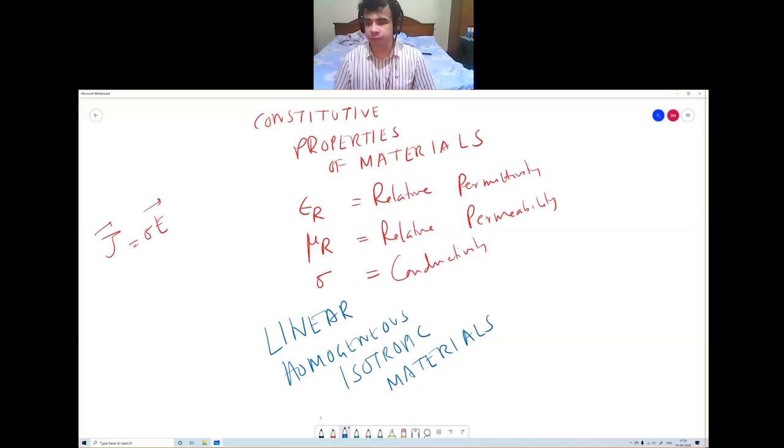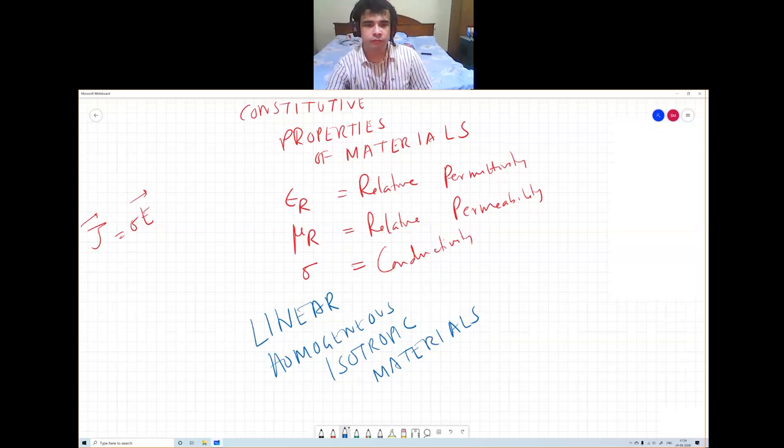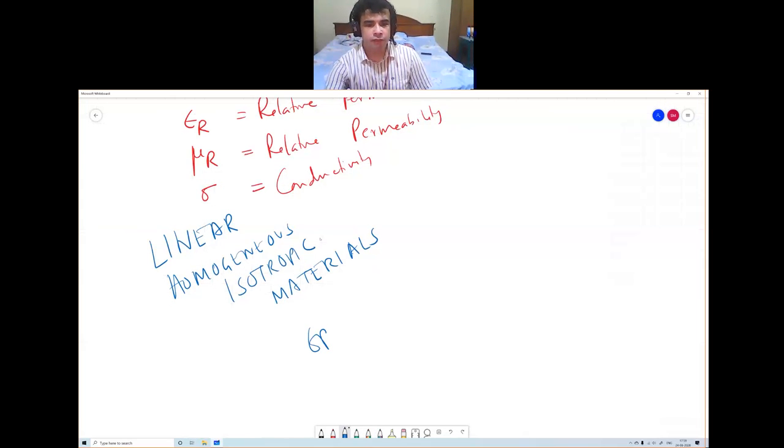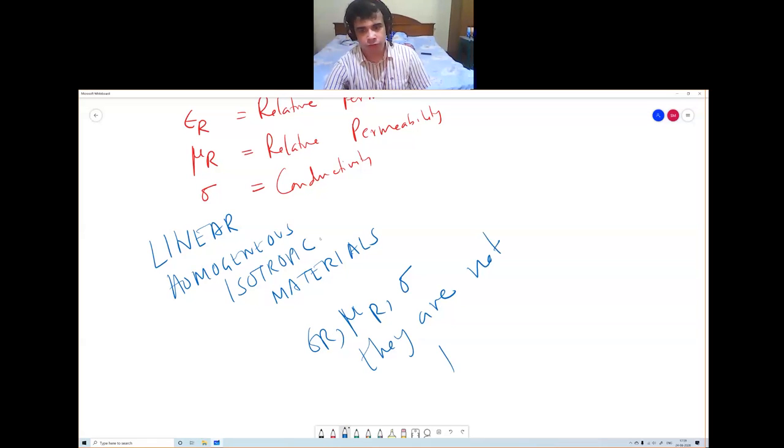First, linear means that epsilon r, mu r, and sigma are not functions of E. What I mean is, no matter how big or how small our E or H is, epsilon r, mu r, and sigma do not change. Okay?